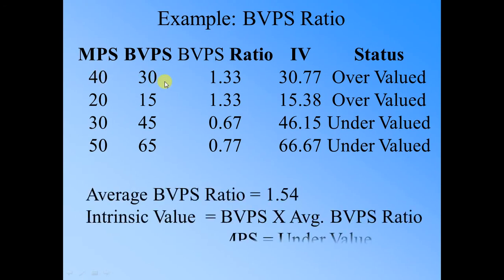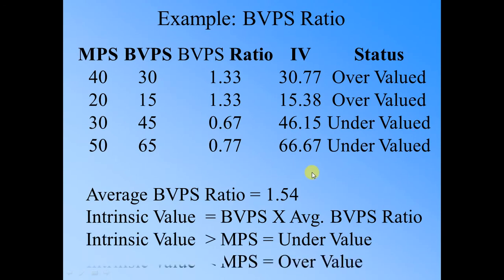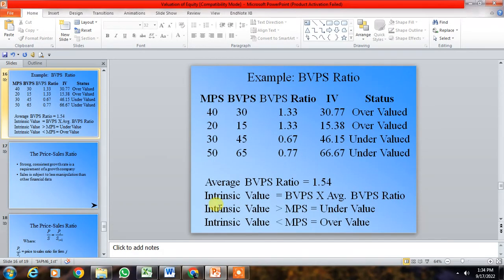If you use the average method by taking the average of all four firms' book value per share, and you are interested in calculating the worth, you multiply book value per share with the average book value per share ratio. In this way you can calculate the intrinsic value, and check whether it is overvalued or undervalued.